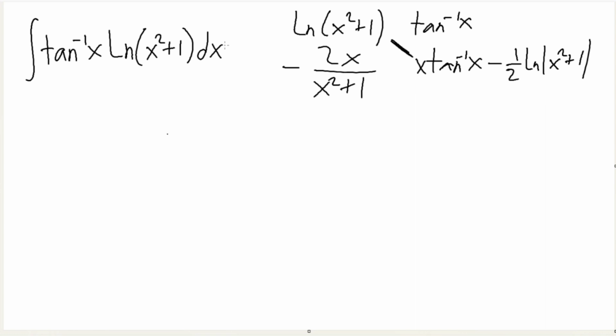So we have our answer here, but if we look at the integral, the 2 cancels out, and the negative cancels out here for this term. So we have ln of x squared plus 1 times x. Let me actually rewrite this.